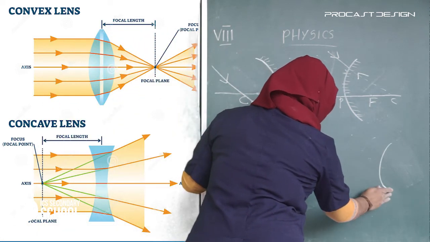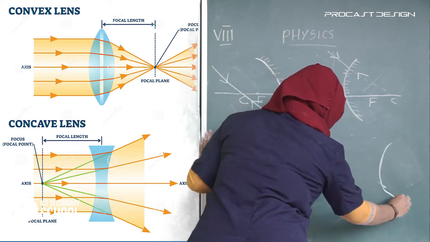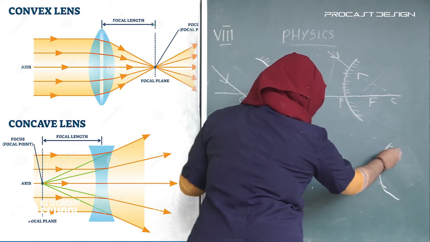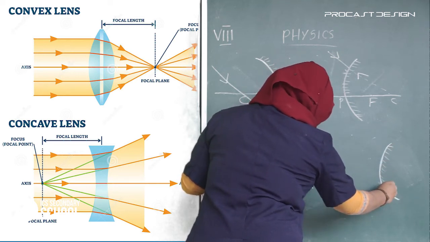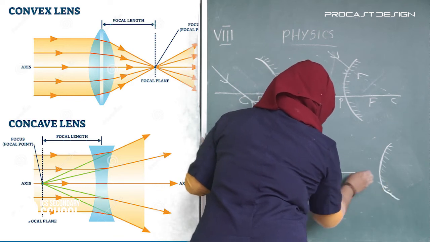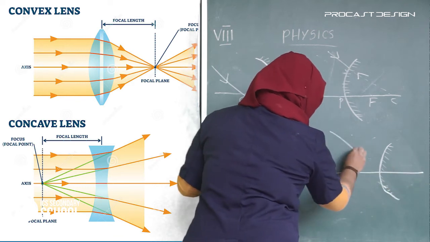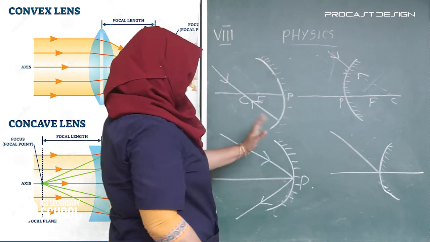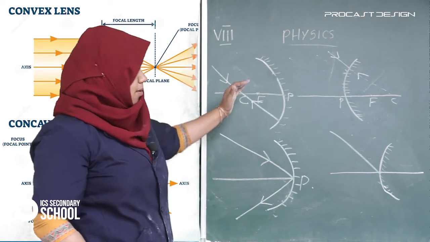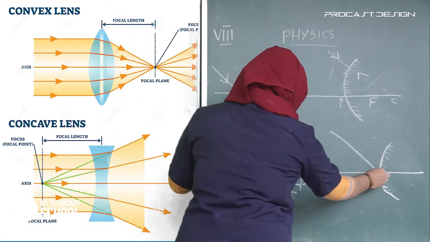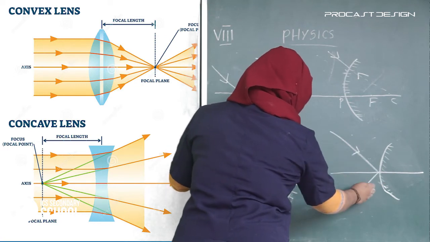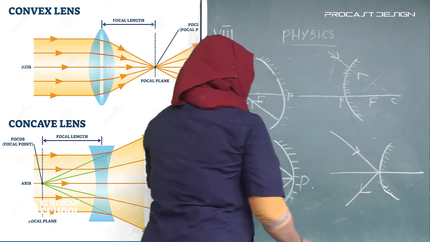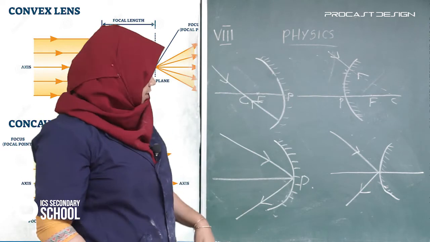At a convex mirror, the ray of light falling obliquely, incident obliquely, is reflected also obliquely.